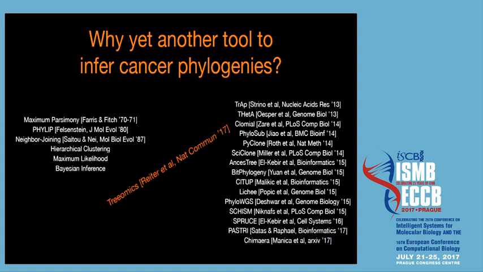All these very sophisticated tools also require that you have rather nicely behaving data, that there is not too much noise in the variant allele frequencies. So we had this idea to come up with a much more simplistic approach to infer cancer phylogenies, but also a more robust one.